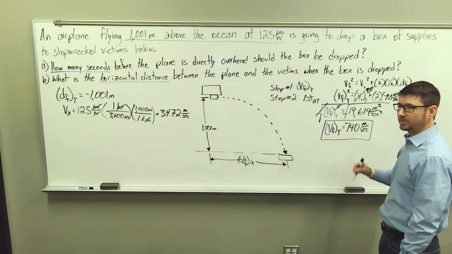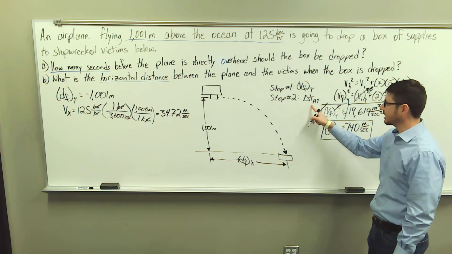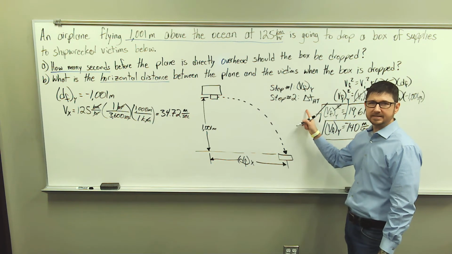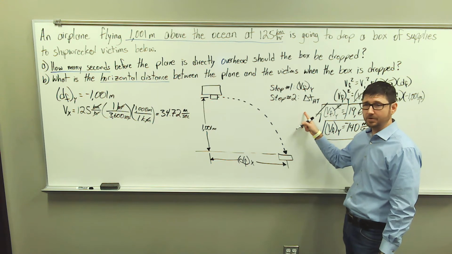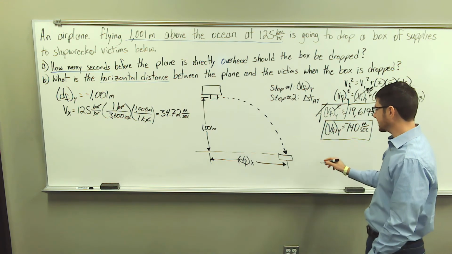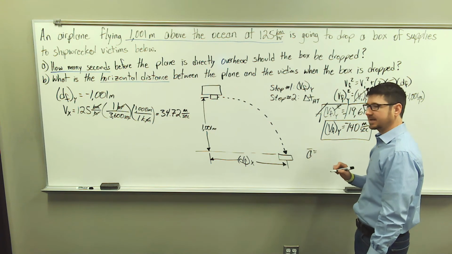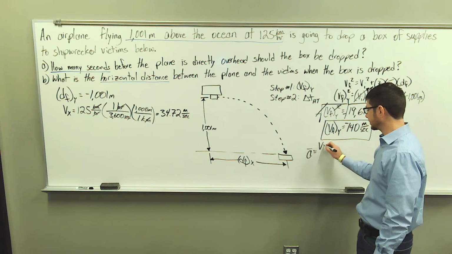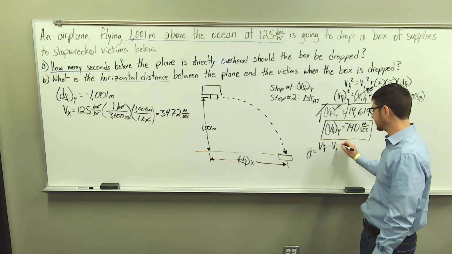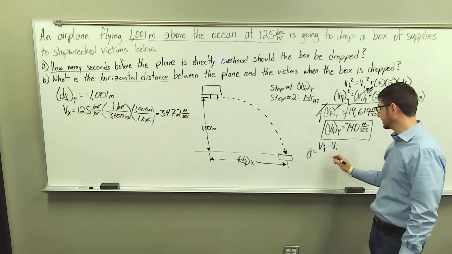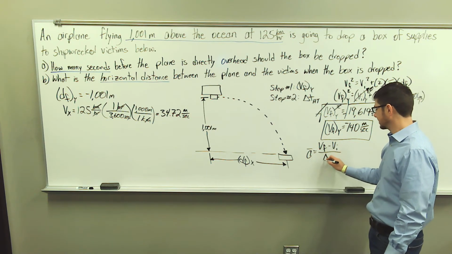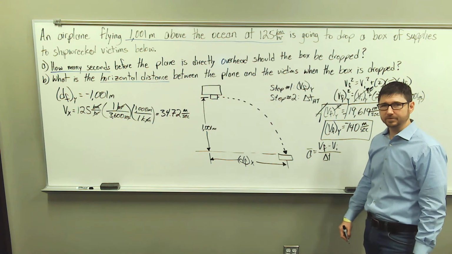All right, so we're going to need this value to calculate the time it takes for the box to hit the target, okay? So the base equation we're going to use to solve for that is the acceleration of an object is equal to the final velocity of the object minus the initial velocity of the object divided by the time interval.